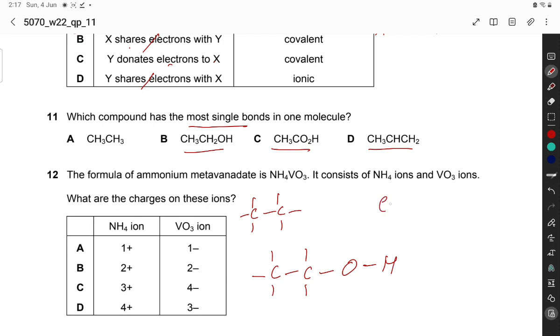B, double bond O, OH, and this is H, CH2. So 1, 2, 3, 4, 5, 6, 7, 8.